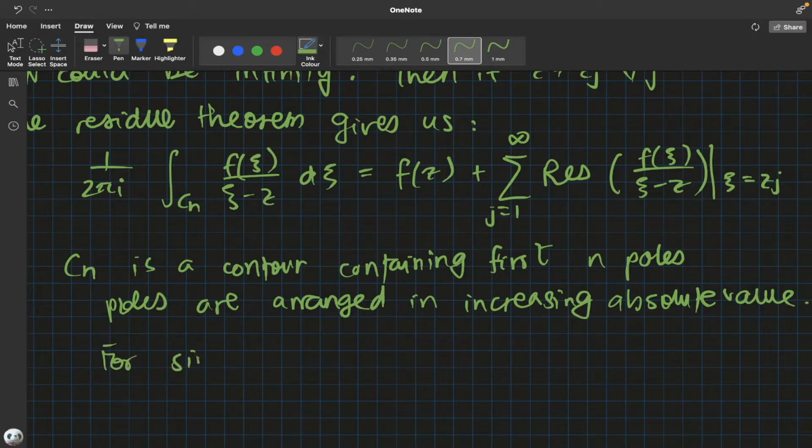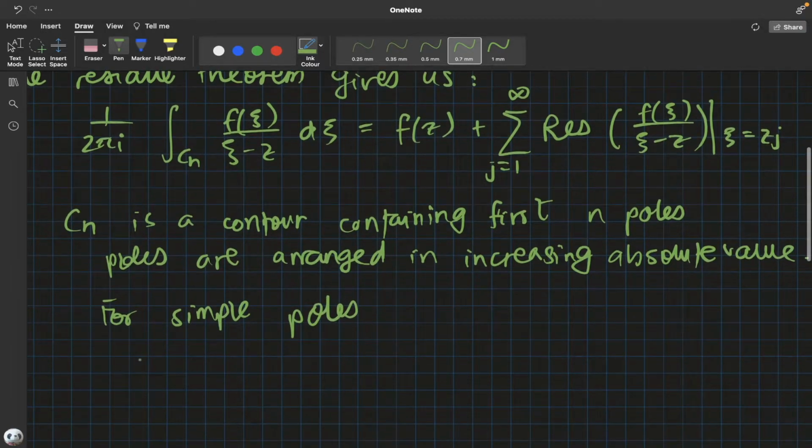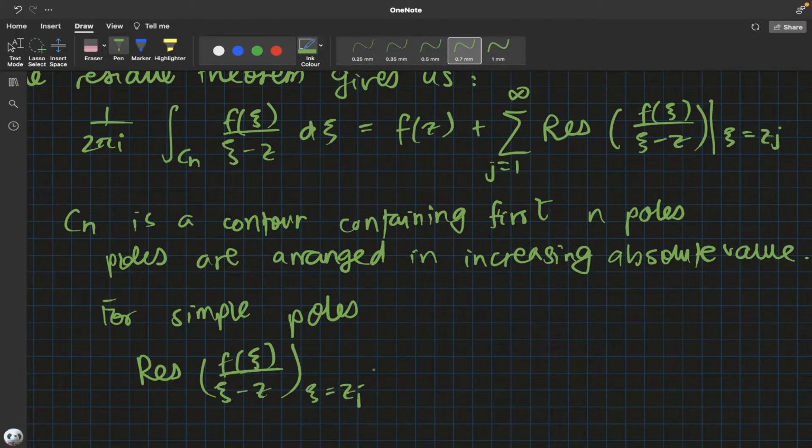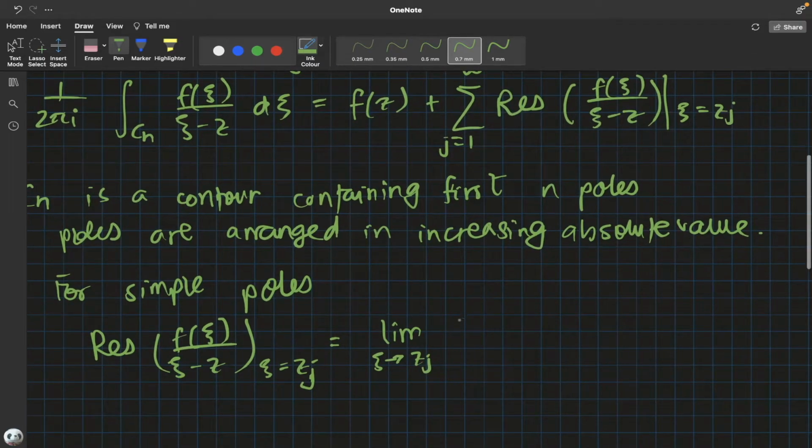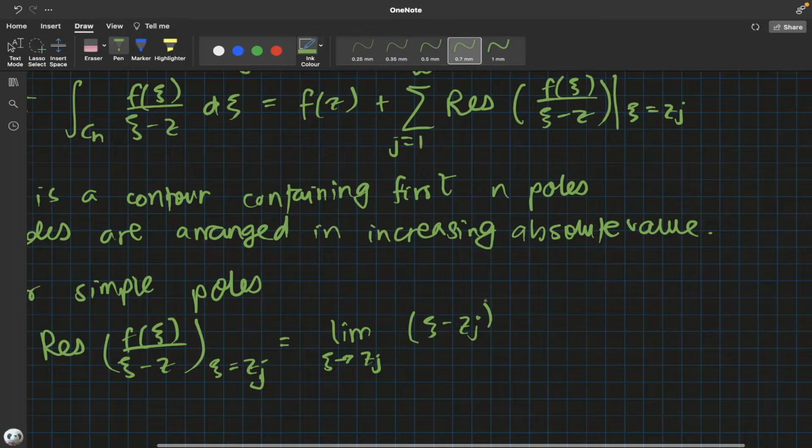So for simple poles, the residue calculation is pretty simple, right? We've done this a bunch of times. That's why I'm saying you should watch the videos for the single valued complex analysis. This is just multiply by the factor and take the limit, with the factor to the power 1. No derivatives because it's a simple pole, order 1.